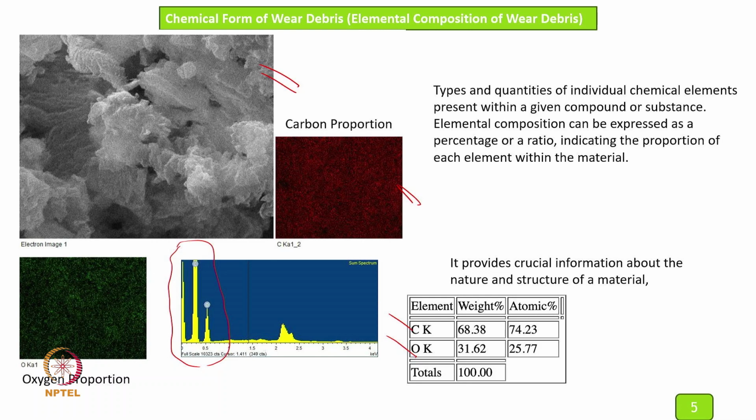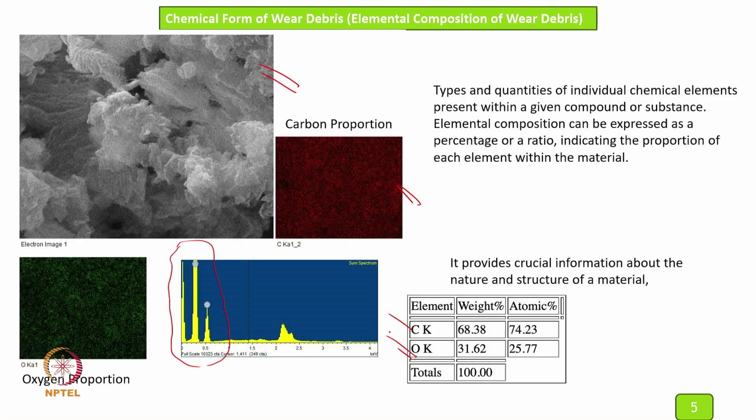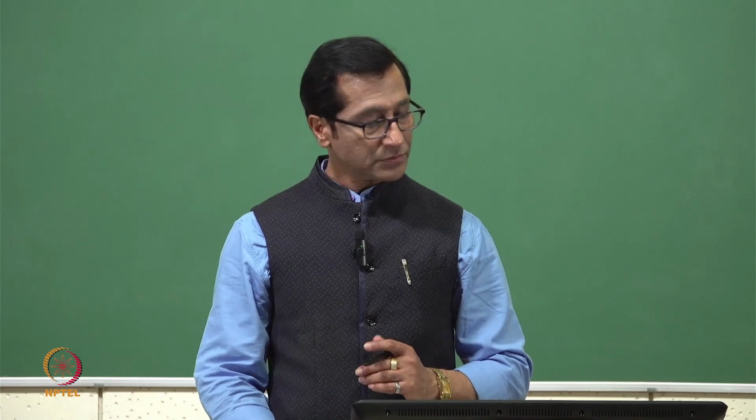So this is the chemical composition of the wear debris, and the lubricant is also absorbing oxygen. Here the spectroscopic analysis we use is very essential. With it, we are able to figure out the chemical components of the wear debris, and this is very important to find out how we can utilize this in an appropriate manner.